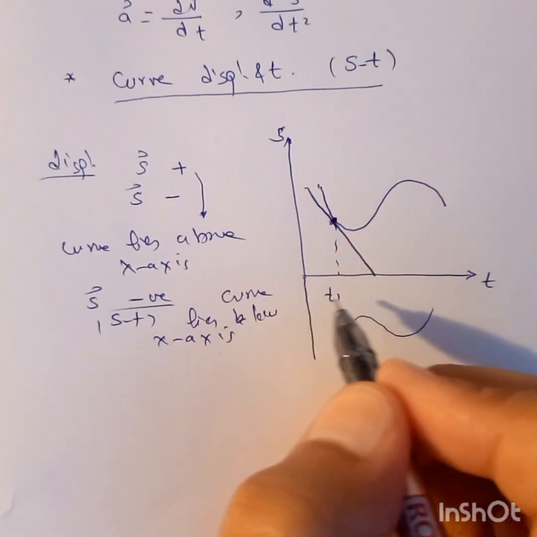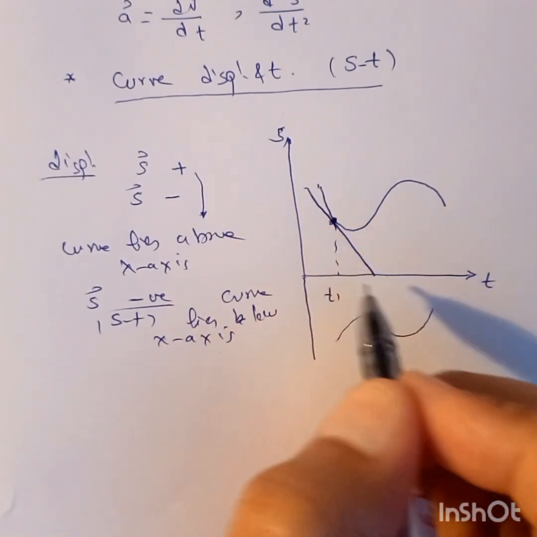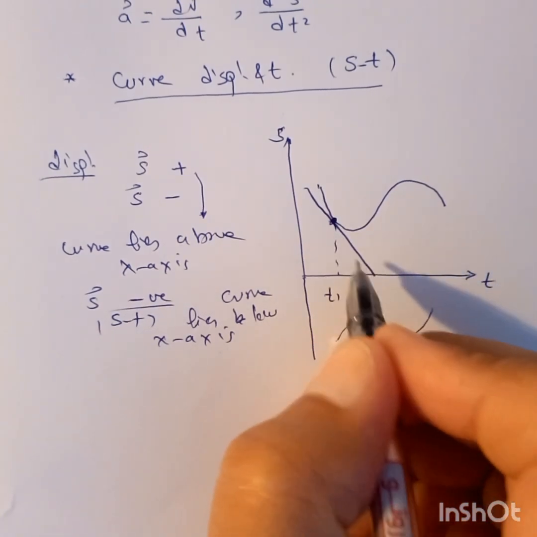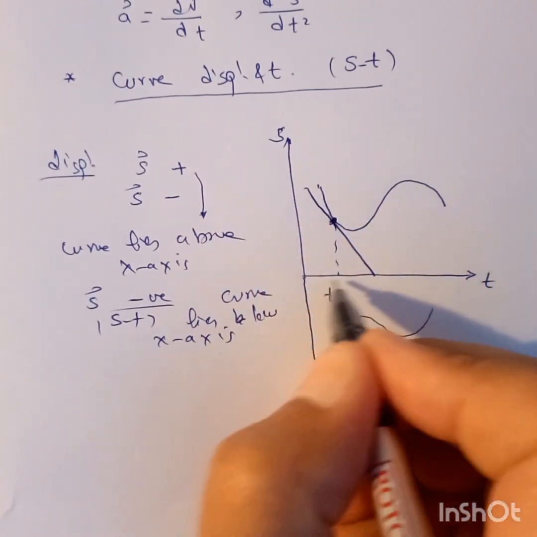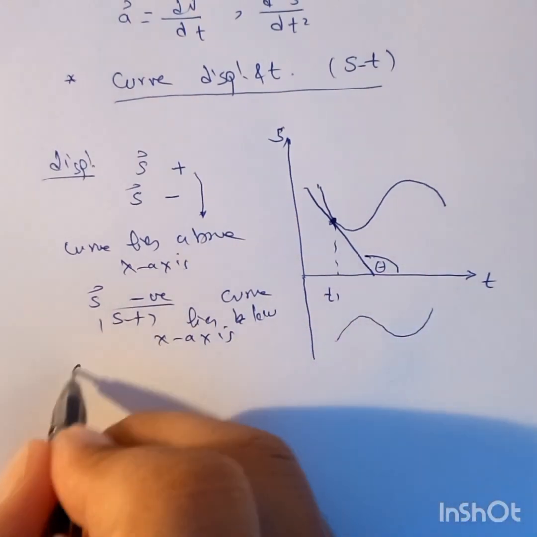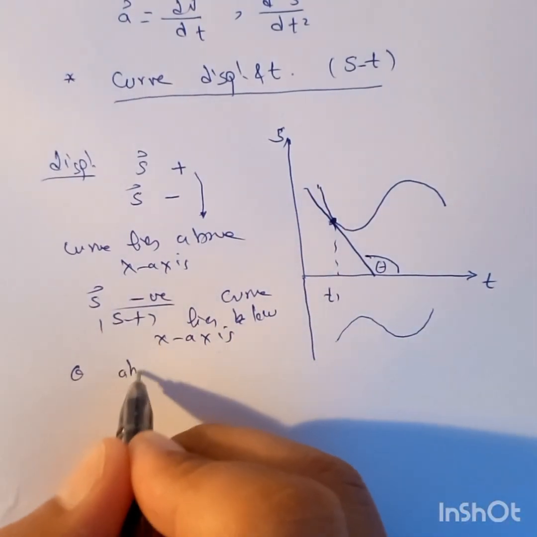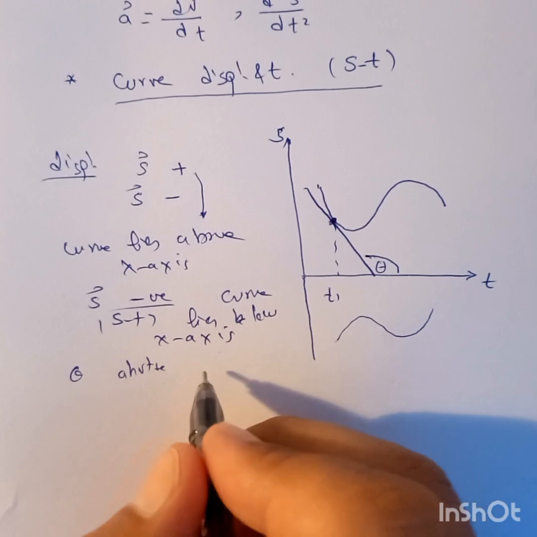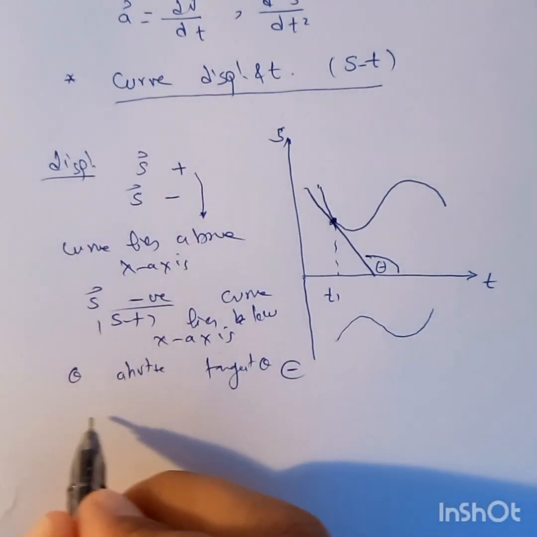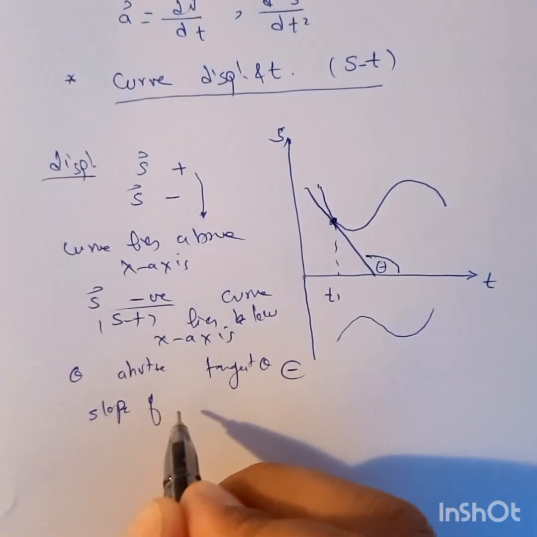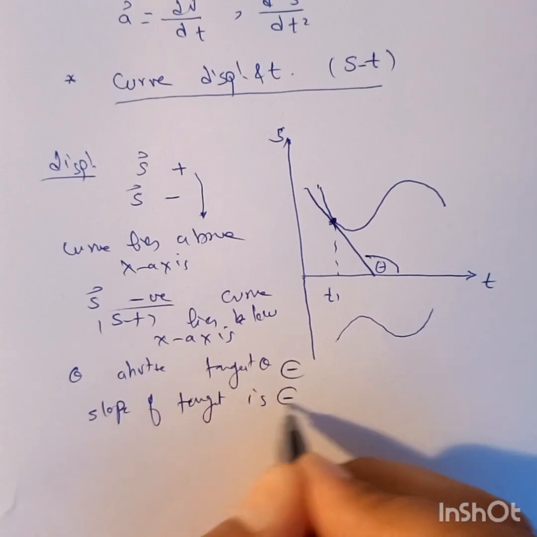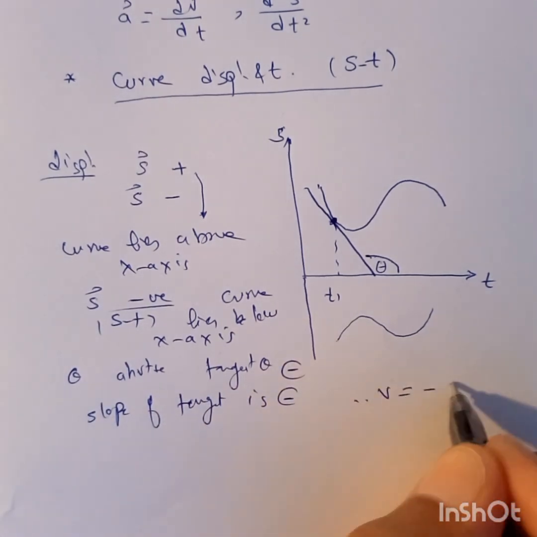The slope of this tangent can be represented by the tangent of the angle made by this tangent with the positive direction of the x-axis. This angle is theta. If theta is obtuse, as in our example, then the tangent of theta is negative, and consequently the slope of the tangent is negative as well. Then velocity here is a negative value.